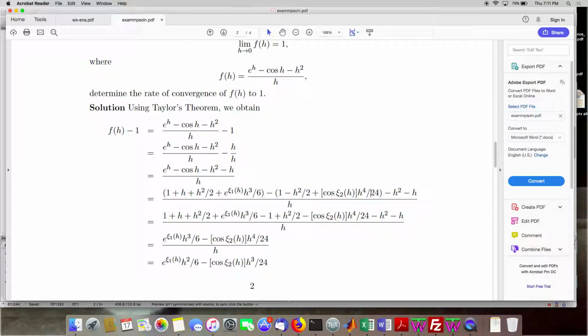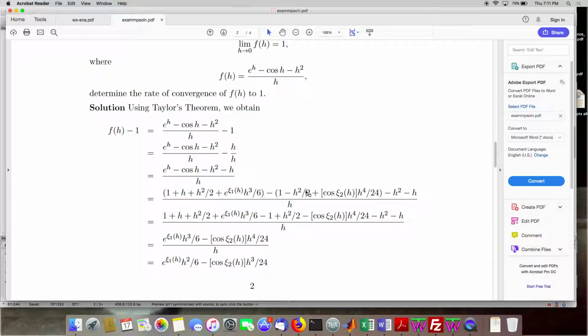That's when you have items that are not going to cancel, and that's where you're going to get your rate of convergence: from whichever terms in your Taylor expansion are not canceled by something else. So be sure to go out far enough so that you get something that doesn't cancel. In other words, suppose I had stopped here for the exponential and stopped here for cosine. Everything would have canceled.